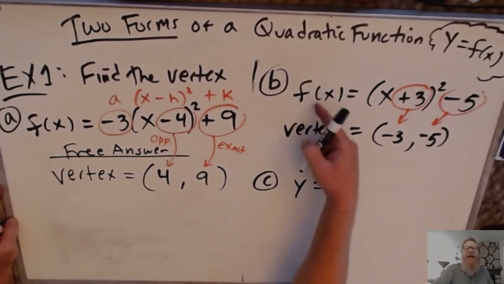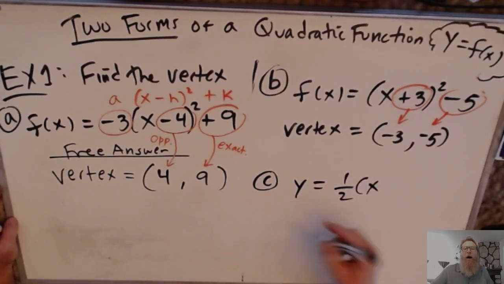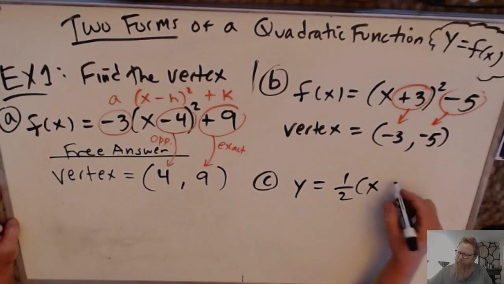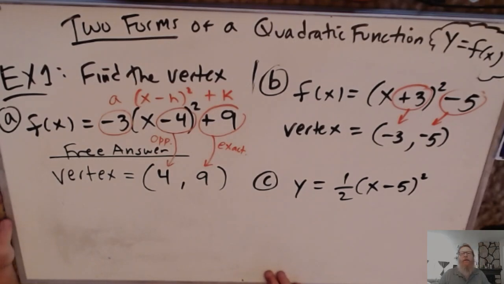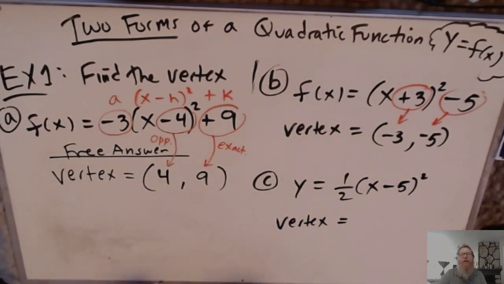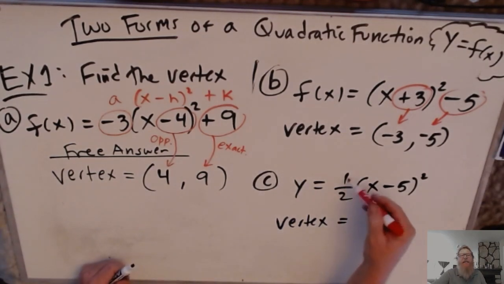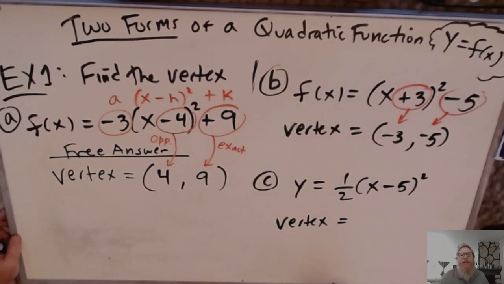I don't have to say f. I could say y. Y means the same thing as f. So where's the vertex? Notice the leading number doesn't tell us anything about the vertex.